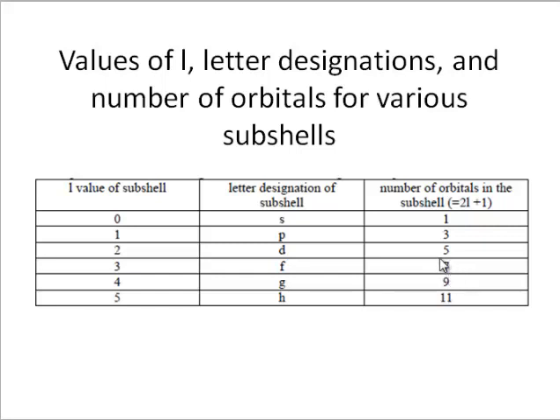The number of orbitals depends on the possible values of m sub L. You can always calculate the number of orbitals just by taking 2L plus 1. So for example, a g subshell has 9 orbitals in it, and an h subshell has 11 orbitals in it.